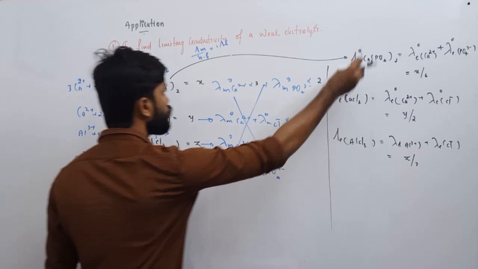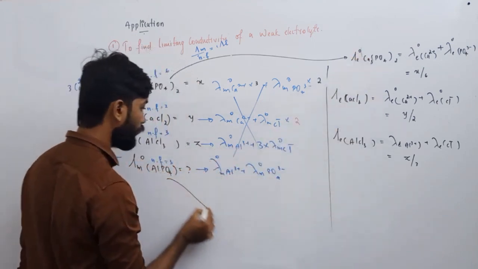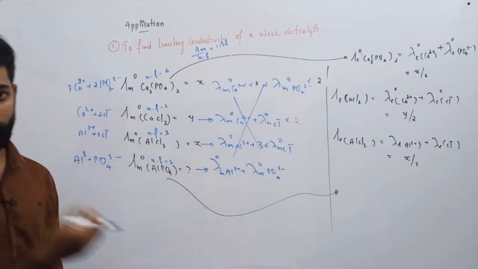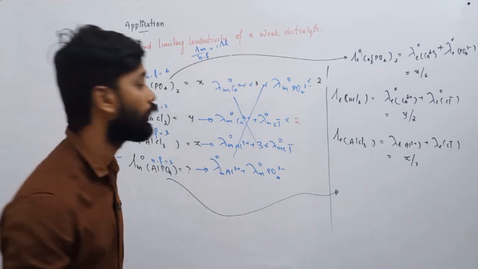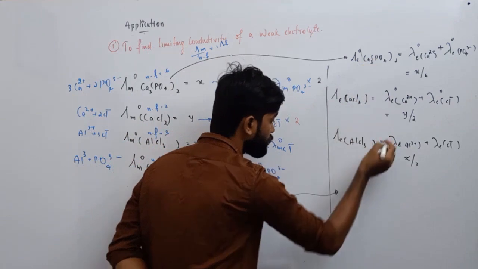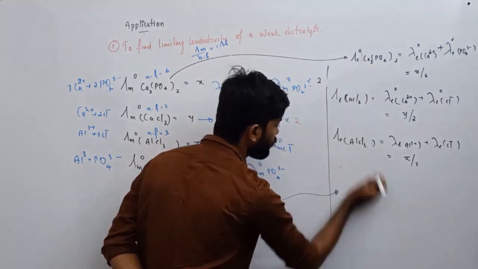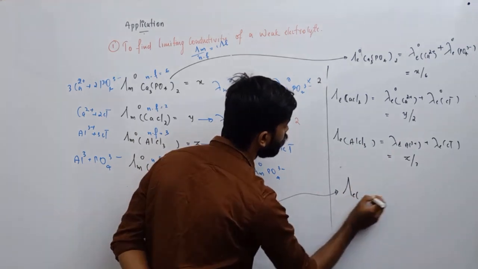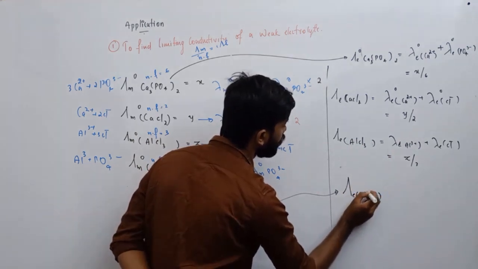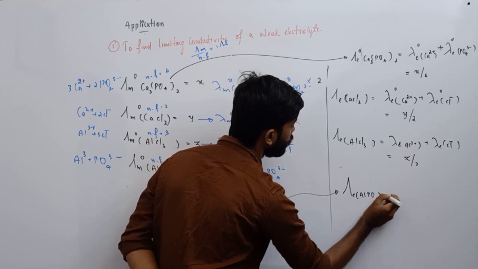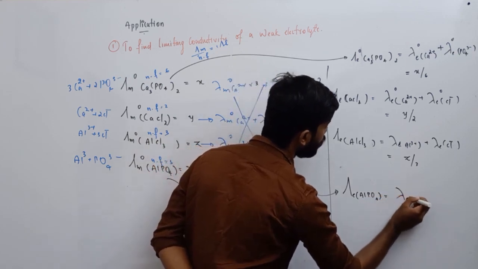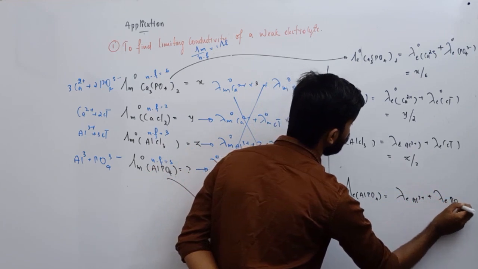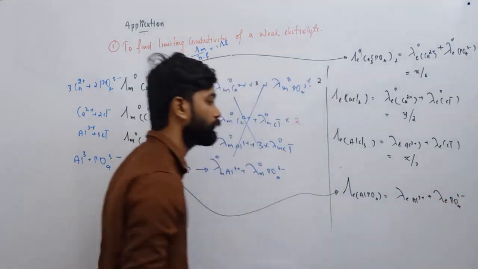So these all are equivalent conductivity, right? From these three equations, we can easily find the equivalent conductivity of the unknown. Let me find the equivalent conductivity of the required one, AlPO4. That is equivalent conductivity of Al3+ plus equivalent conductivity of PO4 3-.